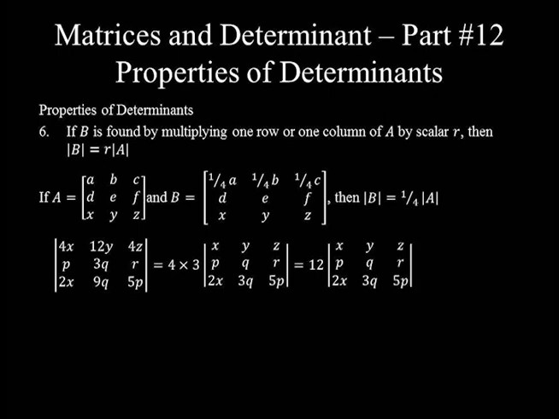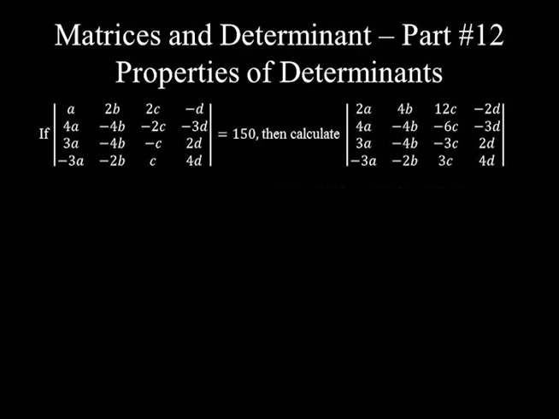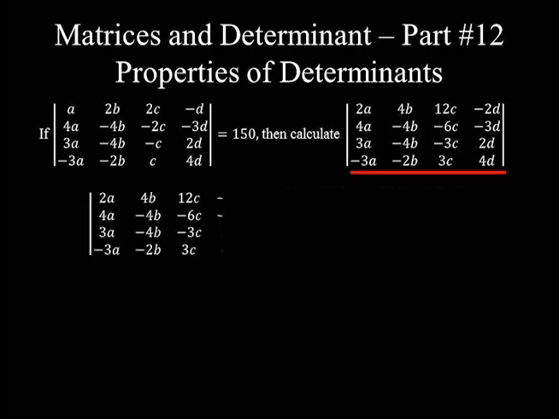If we know these properties, we can easily solve the question we were asked at the beginning of this section. Let's rewrite the elements of this right-hand side matrix as a certain constant times the elements of this left-hand side matrix.